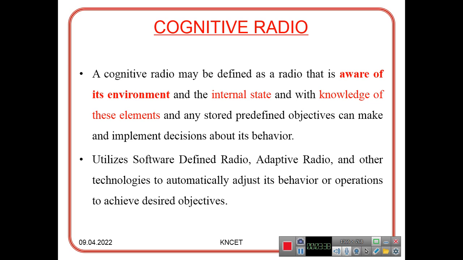So, cognitive radio may be defined as a radio that is aware of its environment and its internal state, and with knowledge of these elements and any stored predefined objectives can make and implement decisions about its behavior. This cognitive radio utilizes SDR, software defined radio, adaptive radio, and other technologies to automatically adjust its behavior or operations to achieve desired objectives.